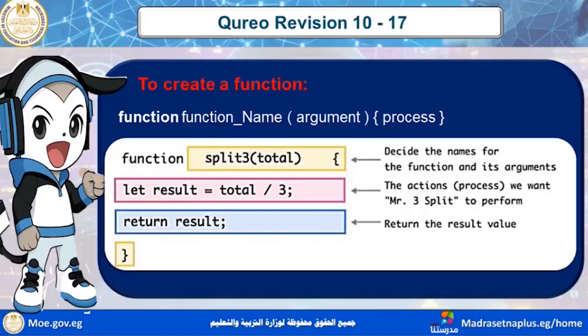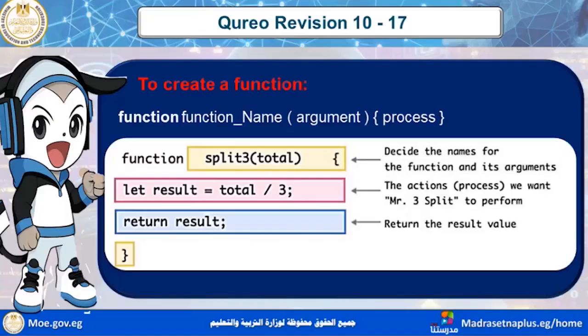The argument here is called total. The name of the program is split3. We want to apply the code on the variable total. First, we have to declare a variable named result. We write let result equal total divide 3, then followed by a semicolon, and then the function will return result. Don't forget the semicolon also.